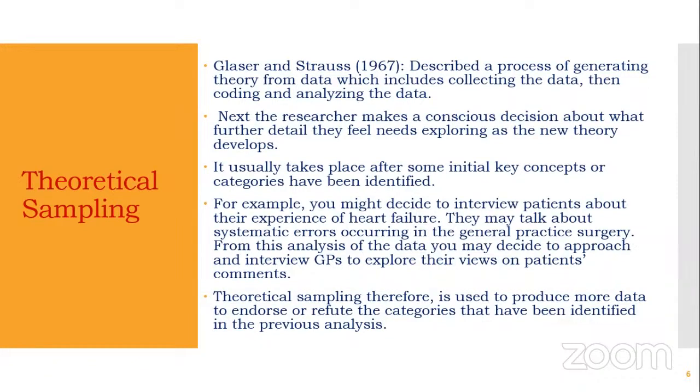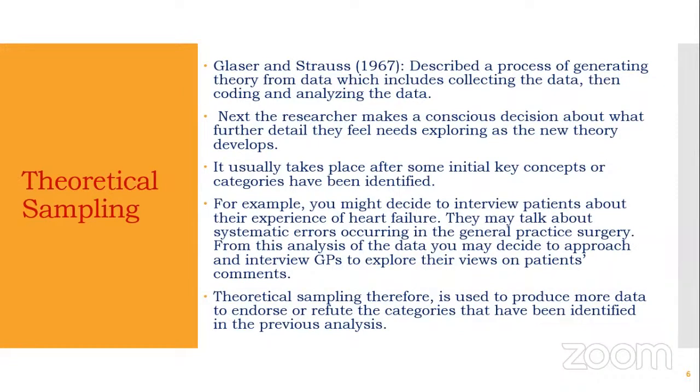So as long as you feel that for developing this particular theory you need some more data, you can continue improvising your research design. You can include more people in your sample. You can include some more questions in your question sets while conducting the interviews.